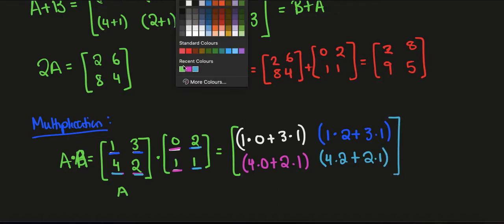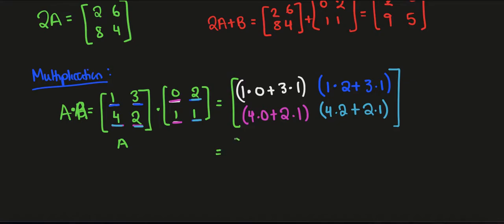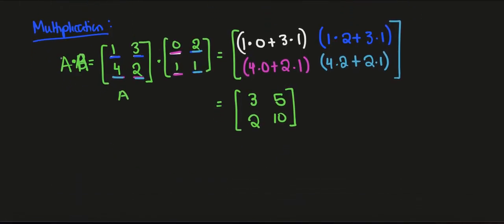And so what we end up getting, well, 1 times 0 is 0, 3 times 1 is 3. Here we'll have 2 plus 3 is 5. Here we'll have 2. Here we'll have 8 plus 2, and that'll be 10. Okay, so that was A times B.